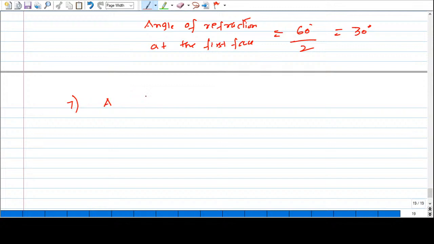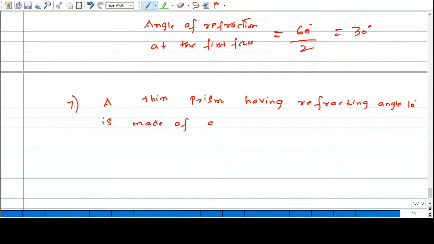A thin prism having refracting angle (10 degree) is made of glass of refractive index 1.42.